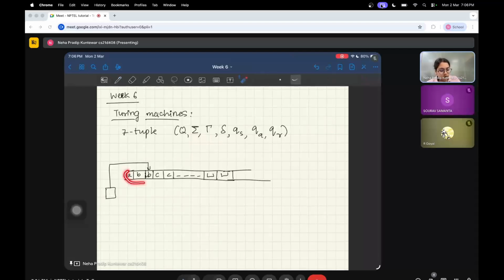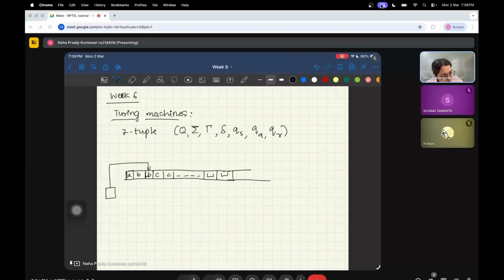Initially, your input that's given to you, every letter should belong to the alphabet sigma, whereas when you write over it you can change the alphabet, so you can work with a larger alphabet when you are rewriting, similar to PDAs where you were allowed to have a stack alphabet, which is different.